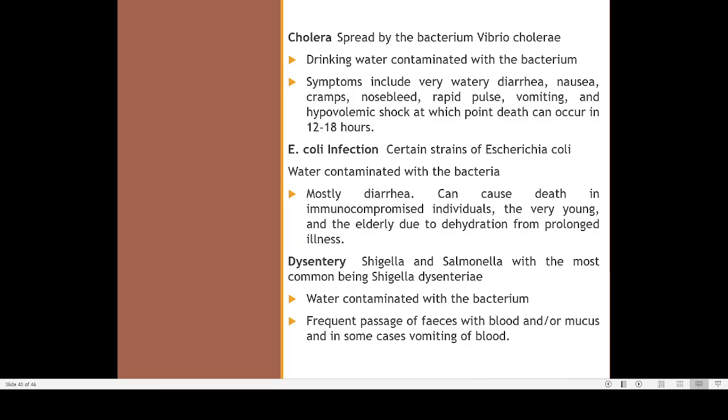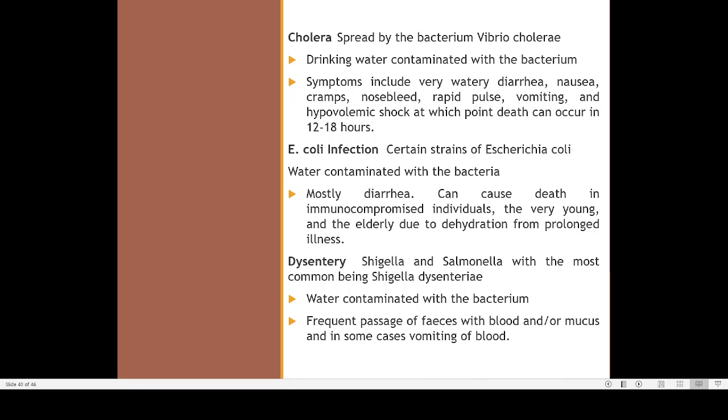But this kind of disease usually comes into picture when there is some kind of environmental calamity like flooding, earthquake or landslide. During such situations, people may not get proper food and safe drinking water. All these lead to water pollution and water contamination.